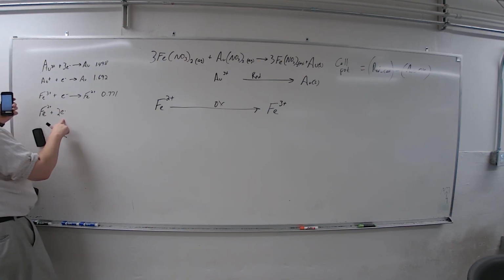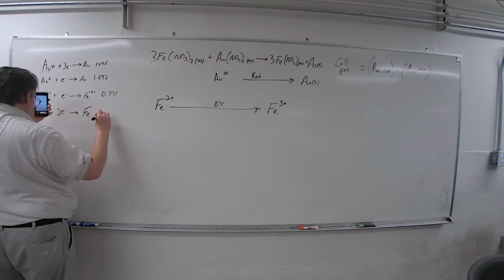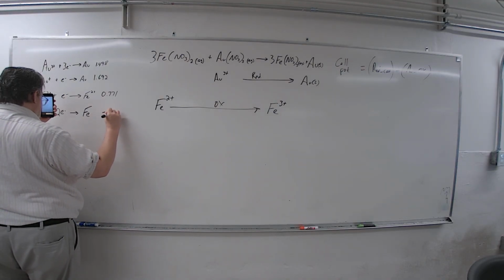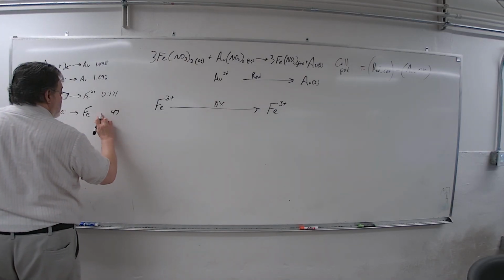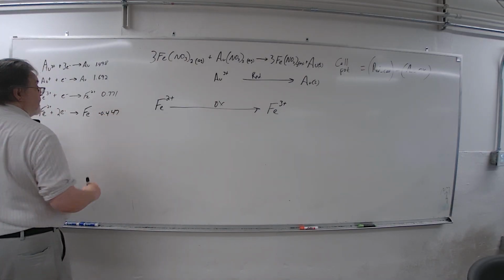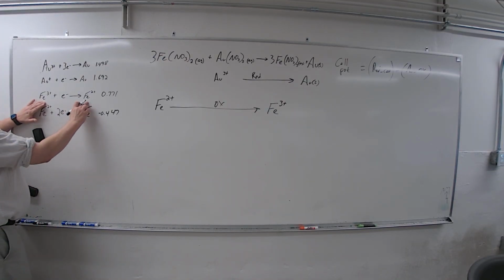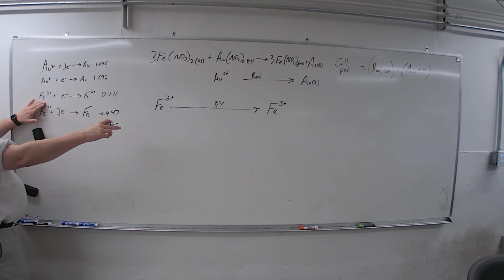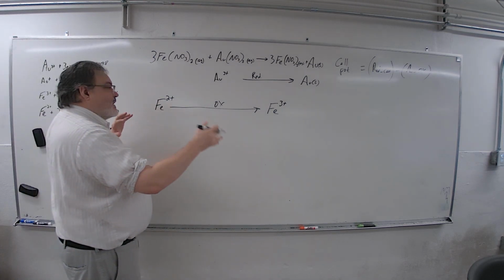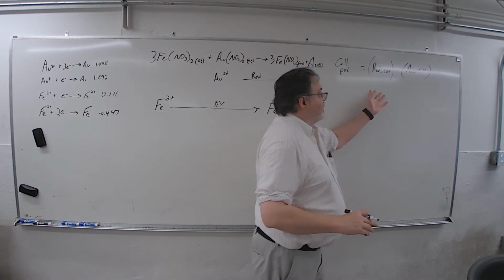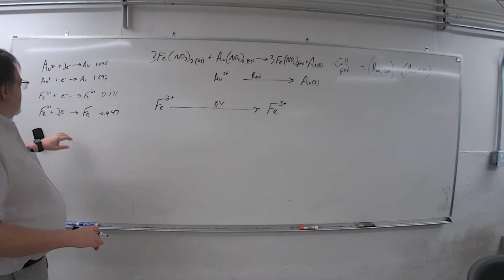It's 2 electrons. So just make sure, this is Fe3 plus to Fe2 plus. That's the one we want here. Even though we're going from 2 to 3, whether it's oxidized or reduced just depends on where we put it here. But we want the one that's got Fe2 and Fe3 in it, which is this one.